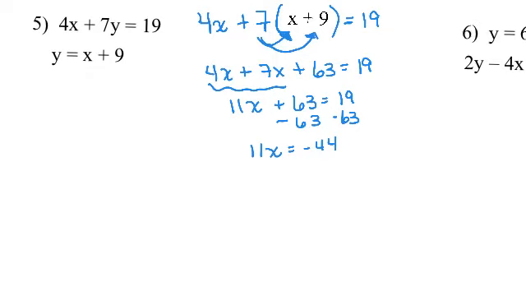So we're in the middle of step 4 at the moment. Step 1 was to rewrite the equation with the substitution. Done. Step 2 was to distribute. Step 3, combine like terms. Step 4, solve for the variable, which in this case is x. Step 5, substitute the value for the variable back into the original equation. Either one.